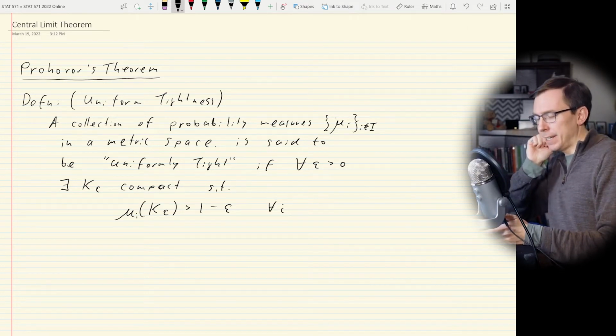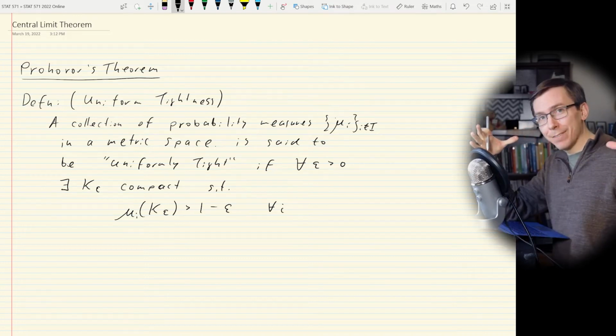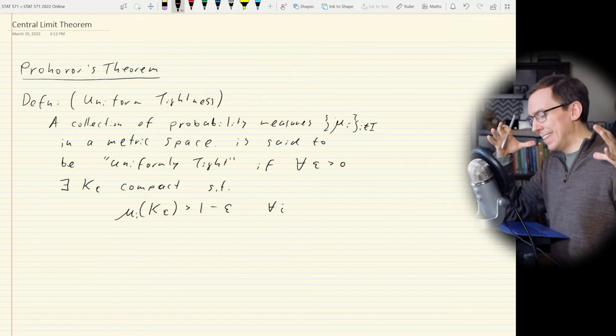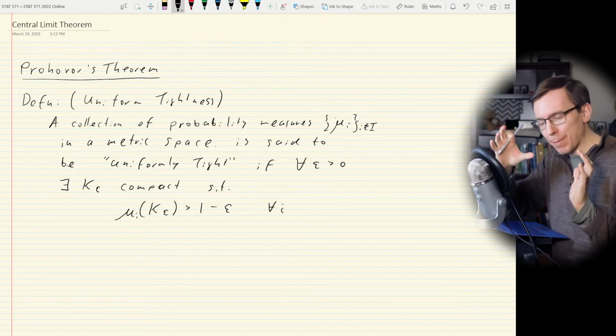So what does this mean? That means that for my entire collection of probability measures, there exists a big enough but still compact set that contains most of the probability.